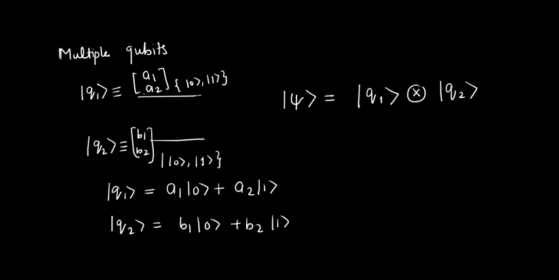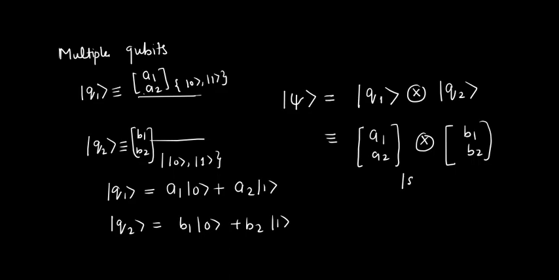So when we say that our phi is the tensor of this, it means, equivalently, if you write Q1 as A1, A2, that is why I am using the equivalent sign, tensor of B1 and B2. These are the bases.